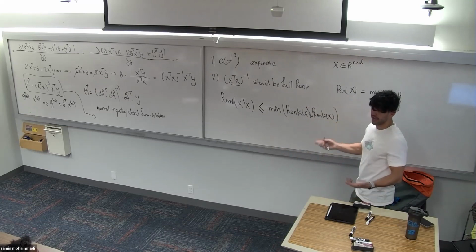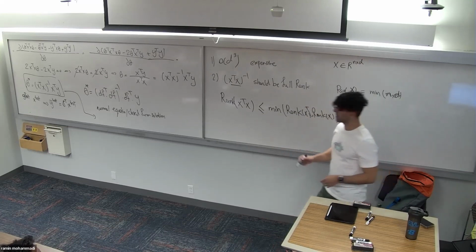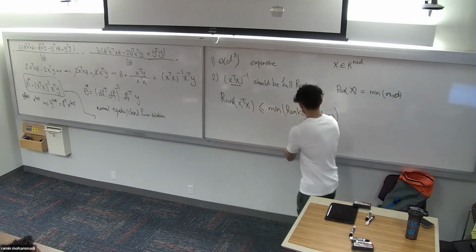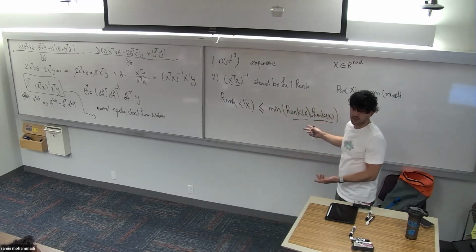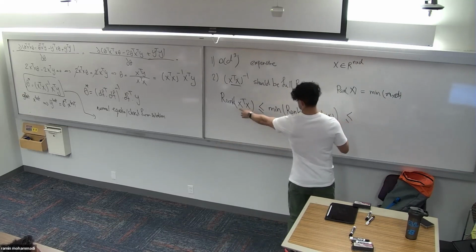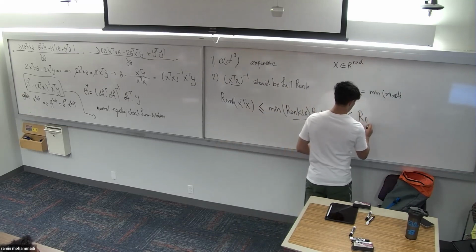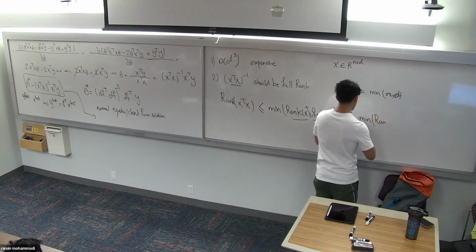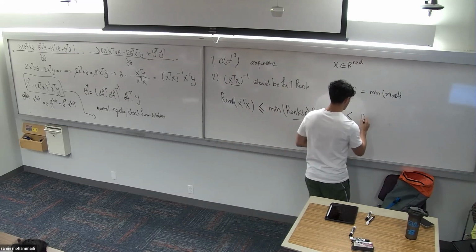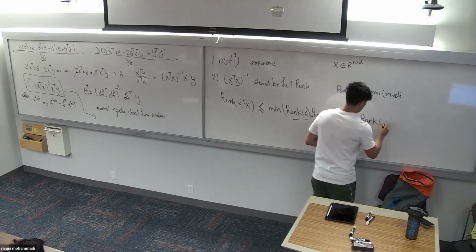Rank of X equals the rank of X transpose, right? So this is the same as that, and you don't need to calculate the minimum of the same thing. So this value should be less than or equal to the minimum, or basically the rank of X.